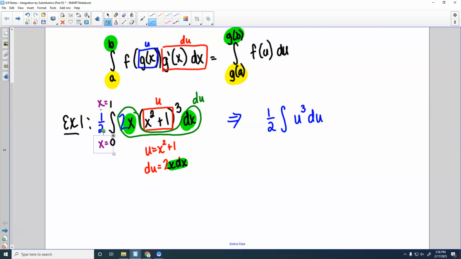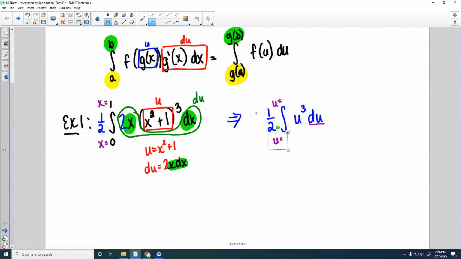So if I put limits over here on this integral, because it's got a du, it would be implying that u equals some number and u equals some number here. So if you do not change your limits, you must put x equals 0 and x equals 1. Okay, and I'll show you in a minute what that would look like if you did it that way.